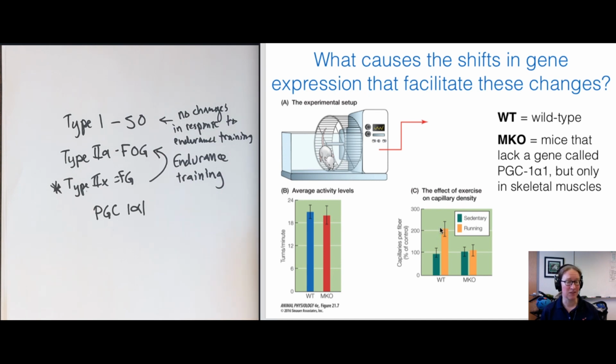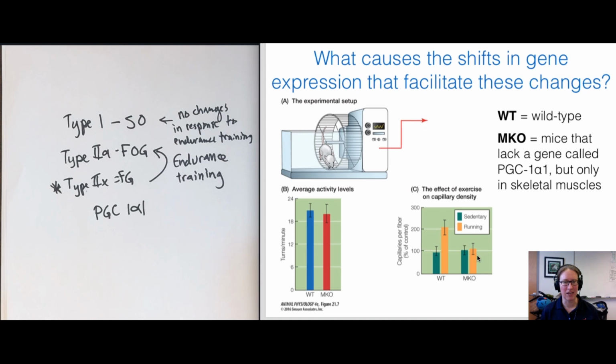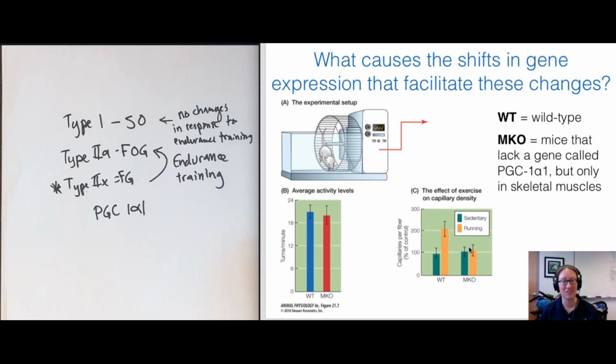Wild-type mice, unsurprisingly, have high capillary densities, but in the PGC1-alpha-1 knockout mice, we see a similar capillary density across these two treatment groups. So this suggests that PGC1-alpha-1 is a critical signaling factor leading to changes that are associated with endurance exercise.